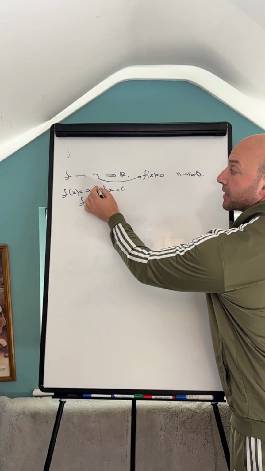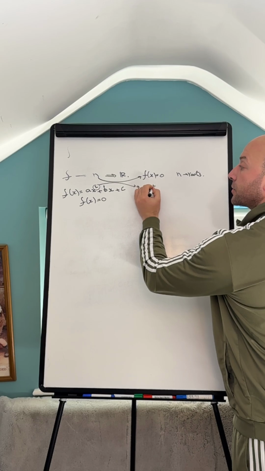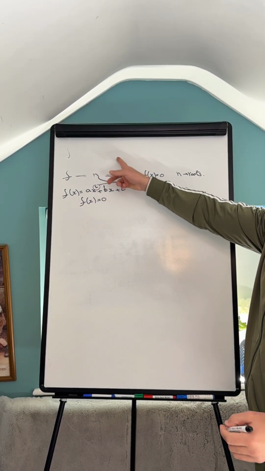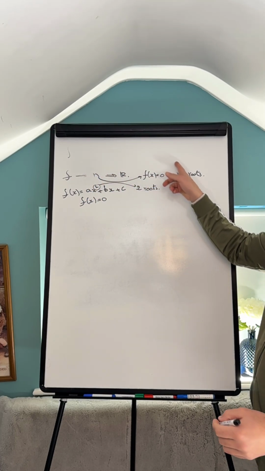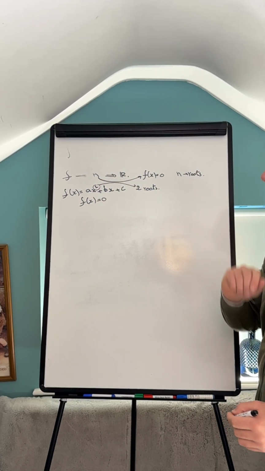This equation accepts two roots, as we've spoken about in the fundamental theorem of algebra. Degree n can get n roots, so degree 2 can get 2 roots.